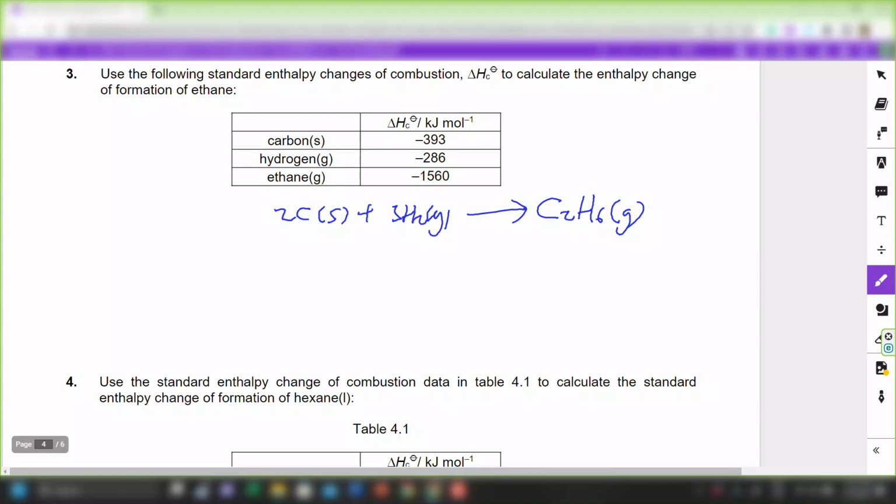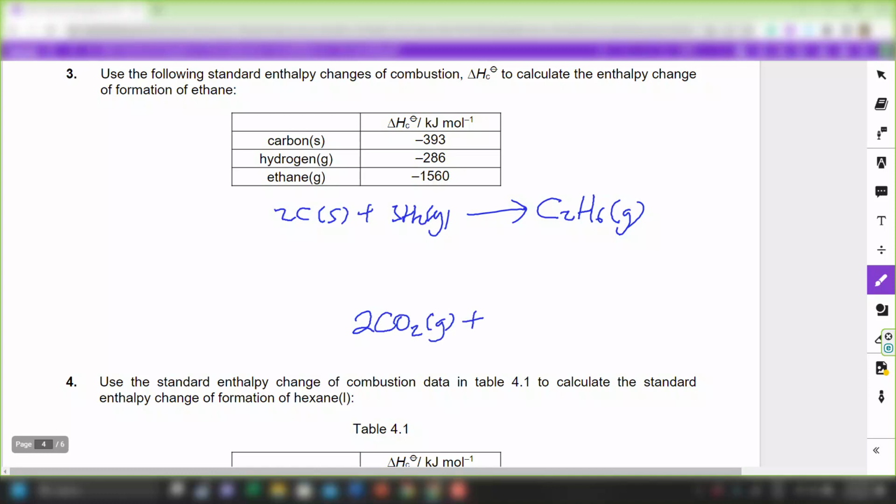Okay, you are given the enthalpy change of combustion data. So that involves carbon, hydrogen, and oxygen. So that will mean that I will have to artificially add in oxygen into my equation on both sides in order to balance it. But before I do that, maybe let us balance the equation first. So we have 2 carbons. If I'm going to combust the carbon, I'm going to get 2CO2 gas.